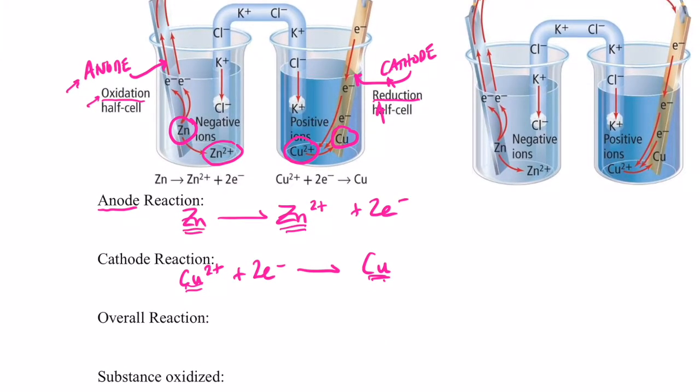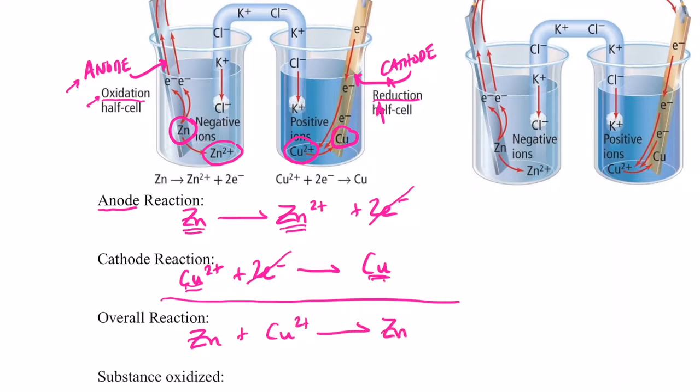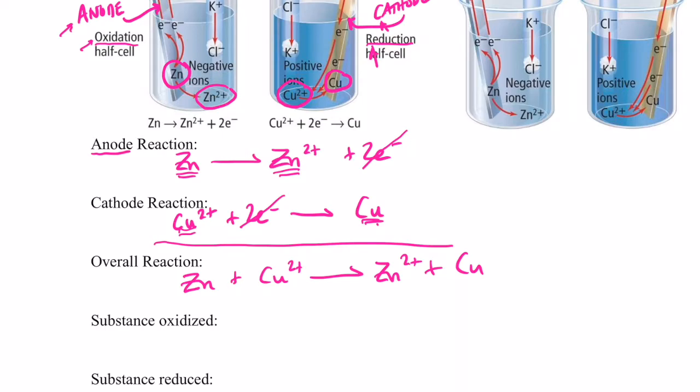Now I can add these two equations together, so we're going to draw a line beneath them, and you'll notice the 2 electrons lost and the 2 electrons gained cancel out, and we end up with the overall reaction. We have zinc remaining and copper 2 plus, and we end up producing zinc 2 plus and copper metal. Notice when we do this, both the atoms and the charge are balanced, so that is a balanced redox reaction.